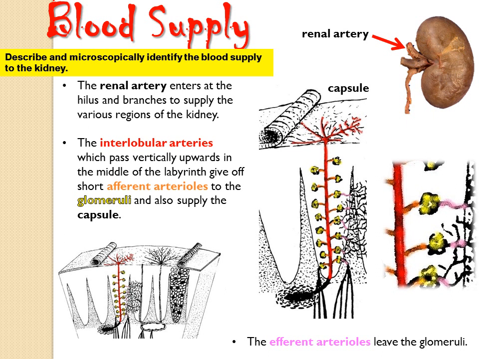Okay, so the blood supply. So the blood supply obviously comes in the renal arteries. Okay, in dogs, about 25% of dogs have a double renal artery. So there's not just one renal artery going to the kidney, there can actually be two. Okay, and these arteries come directly off the aorta.